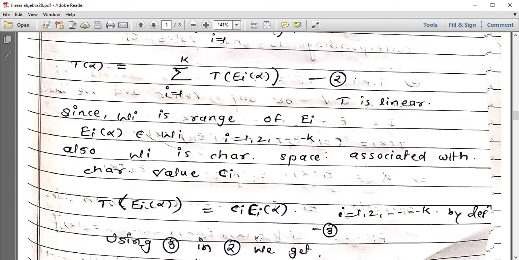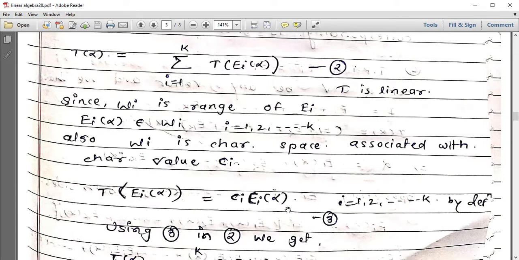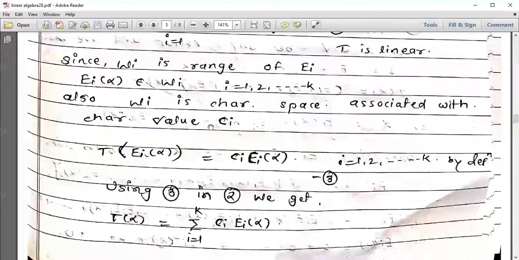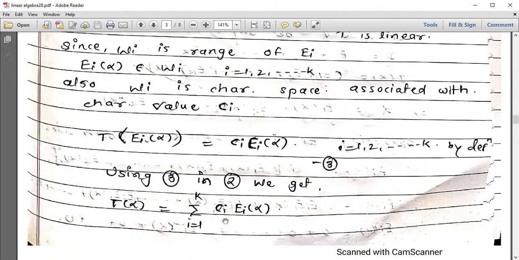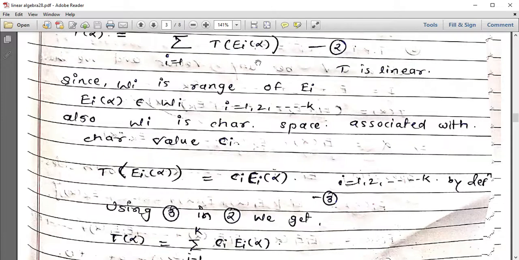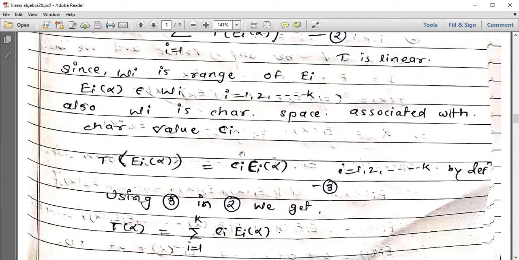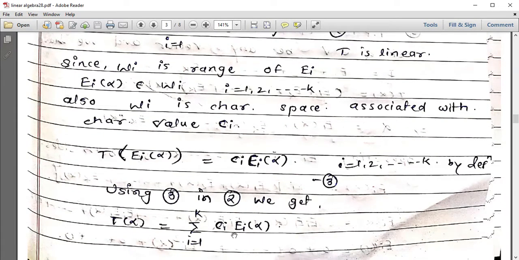Using 3 in equation number 2, T of alpha becomes summation i equal to 1 to k of C_i into E_i of alpha. Instead of T of E_i of alpha, we can write C_i into E_i of alpha.